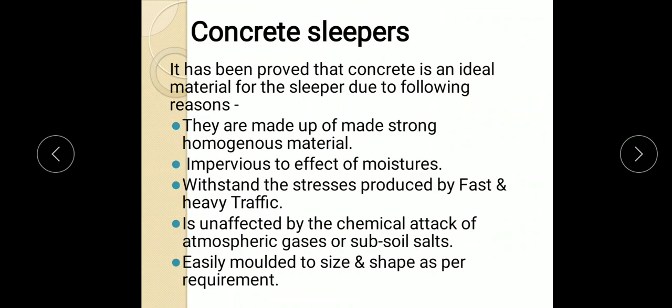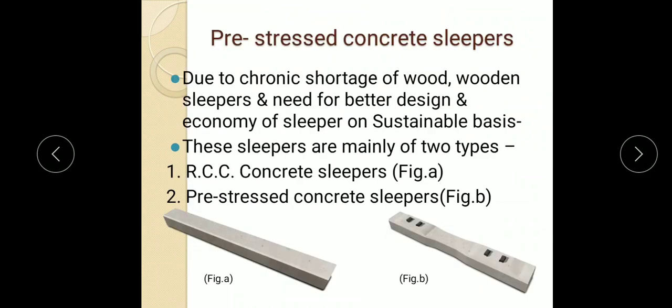Concrete is unaffected by the chemical attack of atmospheric gases or subsoil salts. Concrete can be easily molded to size and shape as per the requirement, and because of which concrete sleepers became more popular as compared to other types of sleepers.